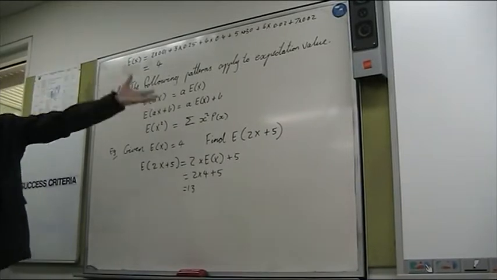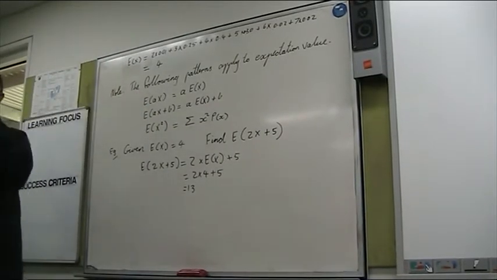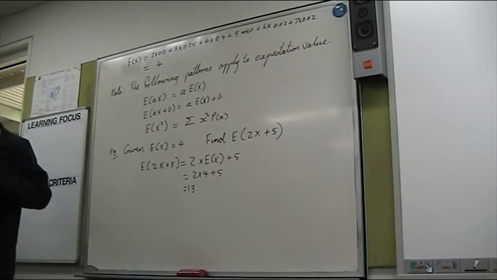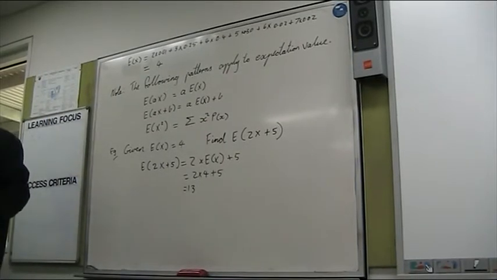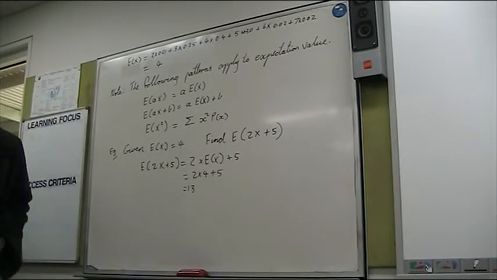The big X is the number of chopped chips, and the little x is 3 chopped chips. So the big X just represents the whole thing, and the little curly one is one particular outcome.